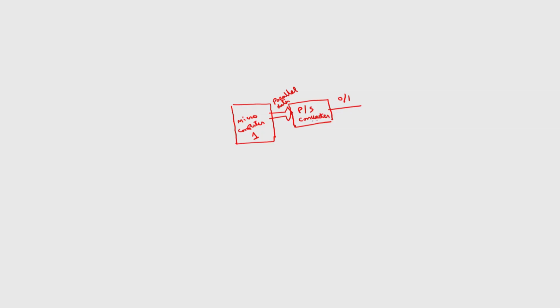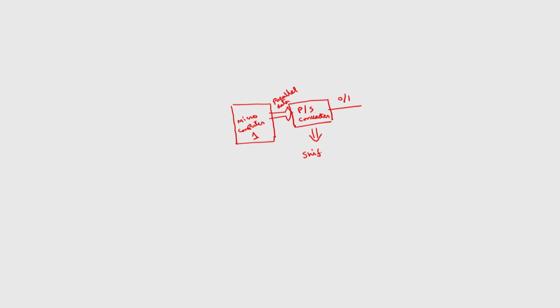What is the circuit which performs parallel to serial or serial to parallel conversion? This can be implemented using shift registers. You might have studied this in your digital electronics. So you can implement parallel to serial conversion as well as serial to parallel conversion using shift registers.